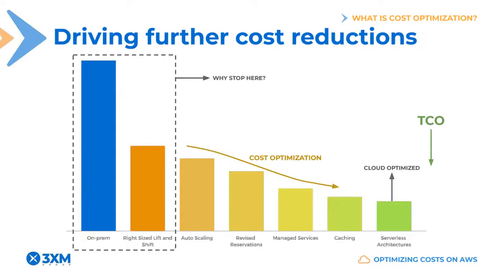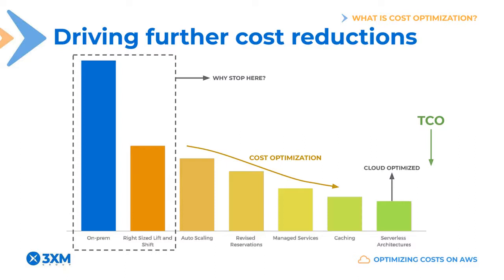In the last example, we saw how a company migrated to AWS following a lift and shift approach, and then gradually reduced its spend by right-sizing and scheduling instances, as well as purchasing reservations. But that's not quite all there is to cost optimization.